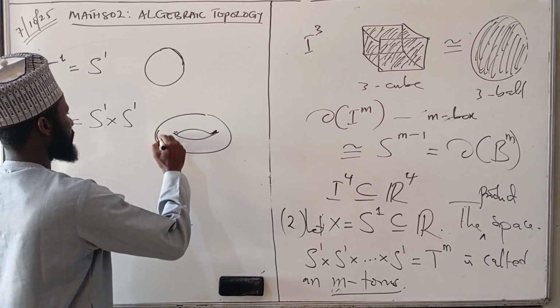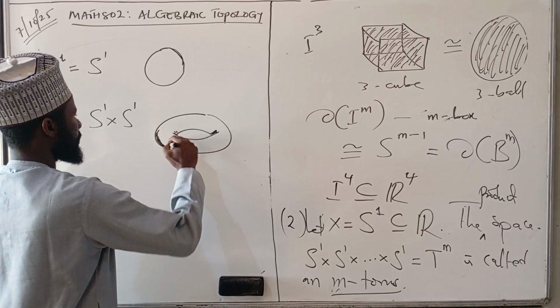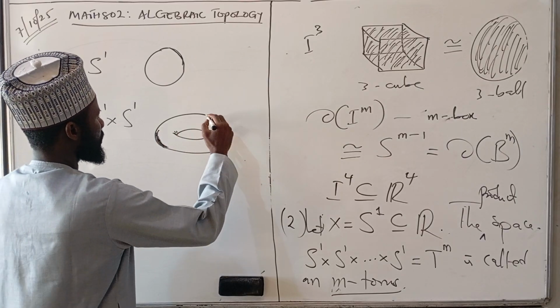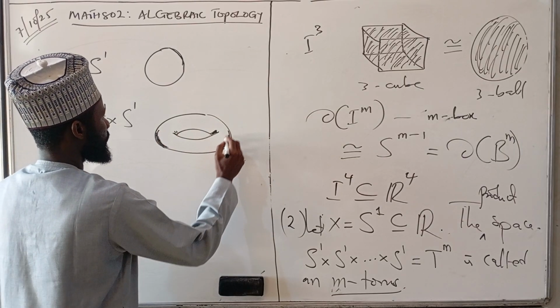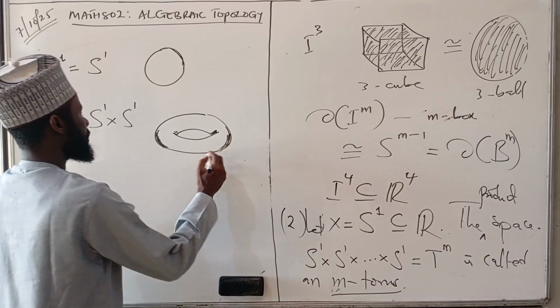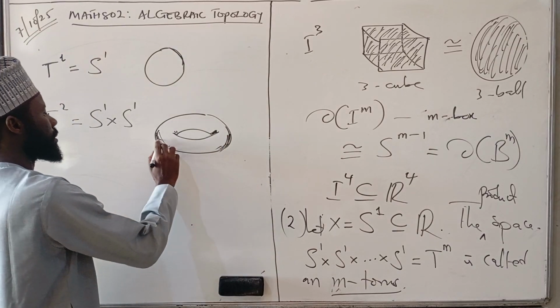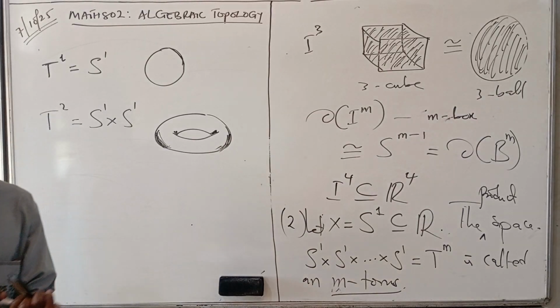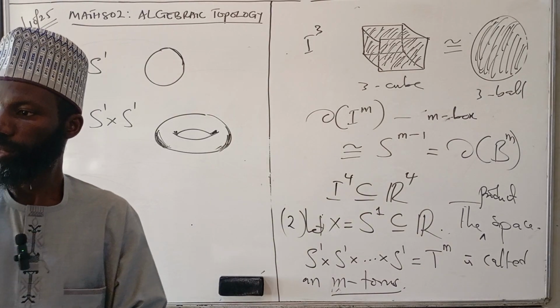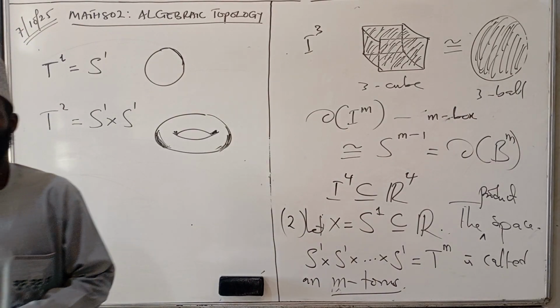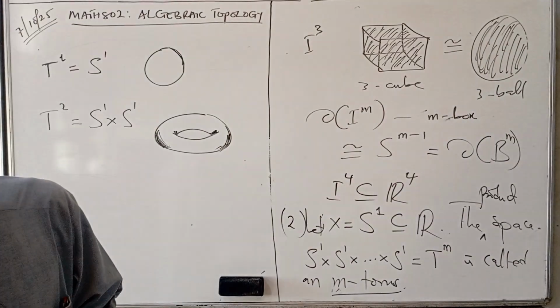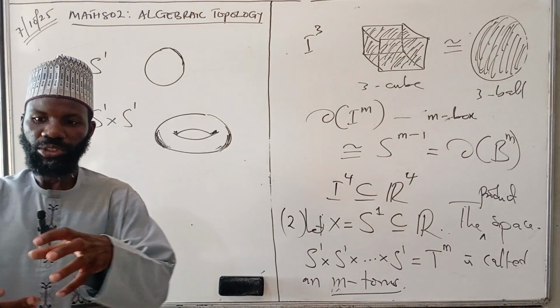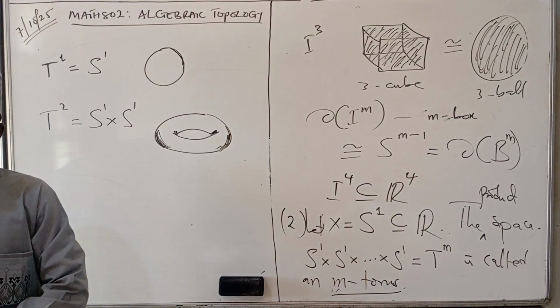So that's a torus. I mean the surface of this thing. It's not a solid like a tube or a donut. It's hollow.